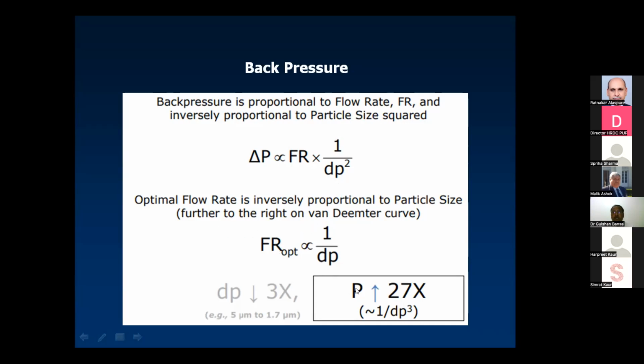So according to this equation, if we decrease the particle size by 3 times, the pressure will increase by 27 times. That is a huge amount of pressure which is required. It means in UHPLC the simple pumps which are used for HPLC will not work, right? We need special pumps. So this is another change in the hardware in UHPLC.